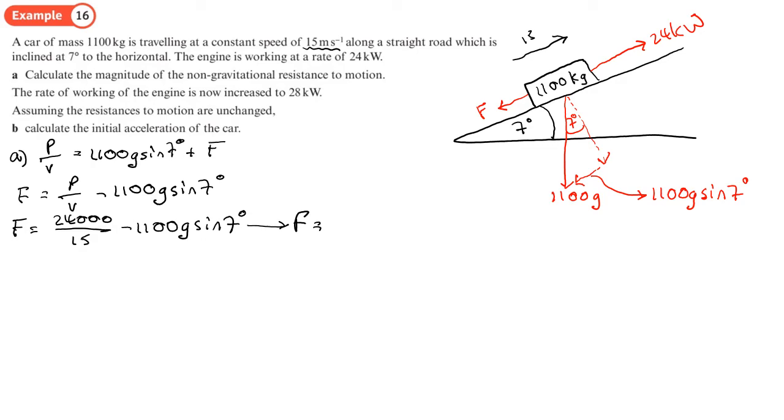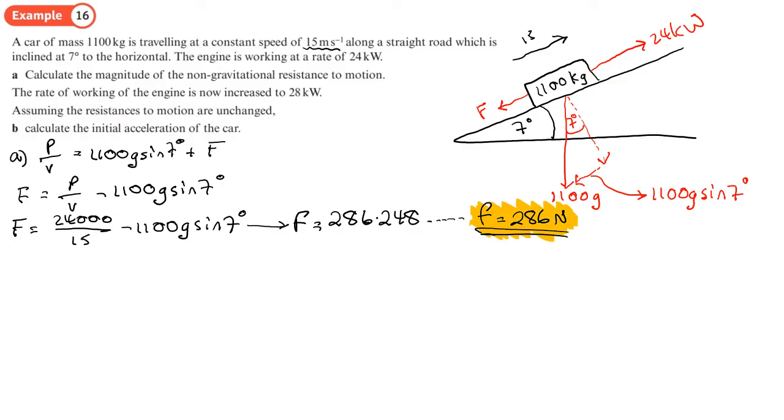So 24,000 over 15 minus 1100 times g, 9.8, times sine 7 degrees, and I get 286.248. So let's have three significant figures. So we'll say F is 286 newtons for the frictional force.